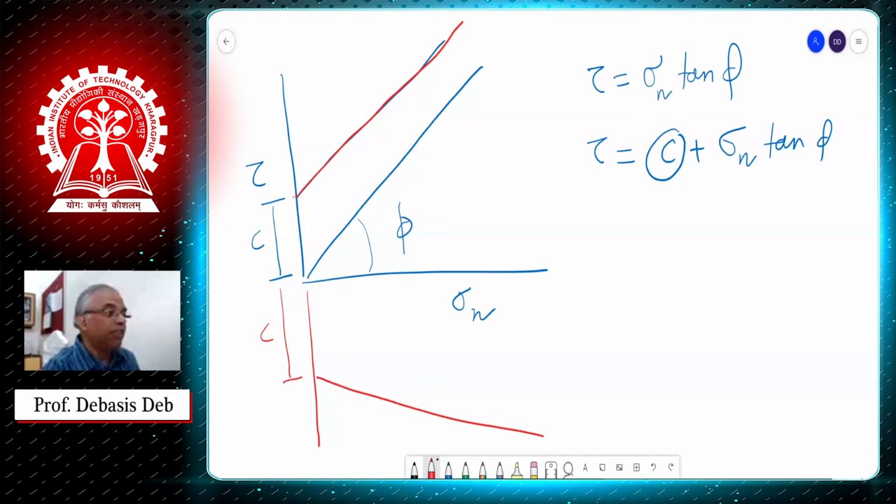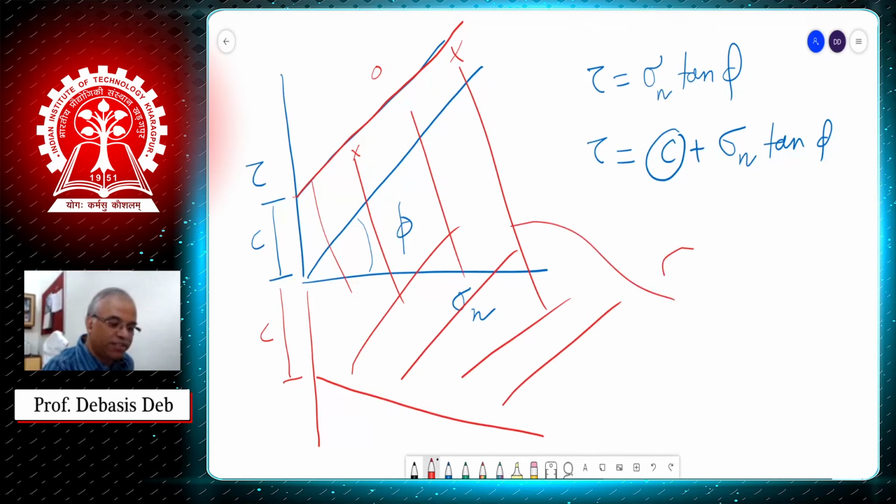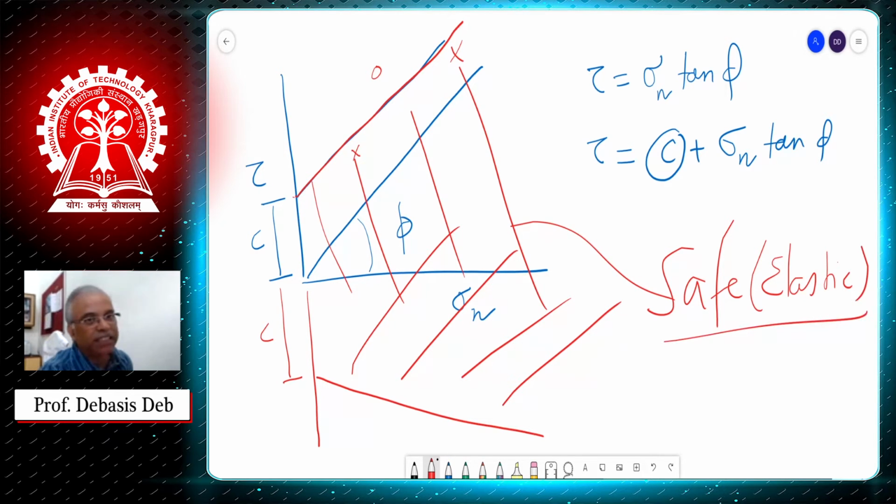So these two are the lines. And I asked you last time whether a point here or here or here, which one is safe and which one is unsafe. Anything in between here is safe, or we call it elastic. The material is still behaving like an elastic material, so this entire zone is the elastic zone.